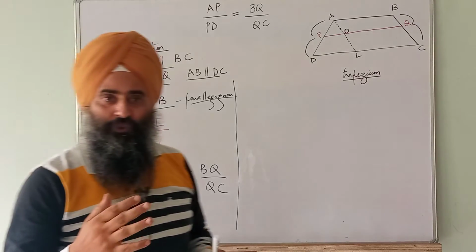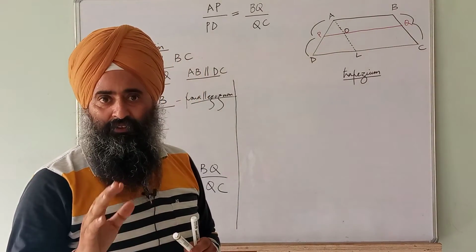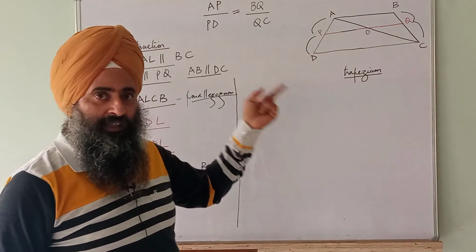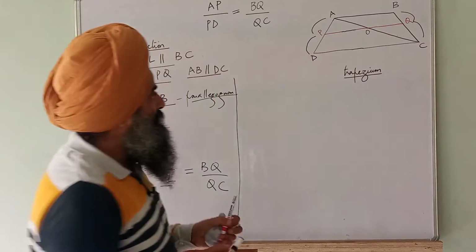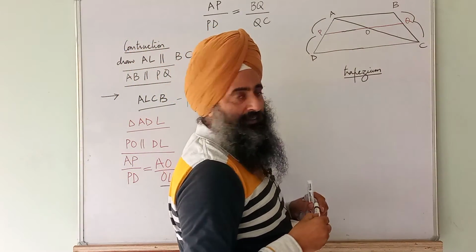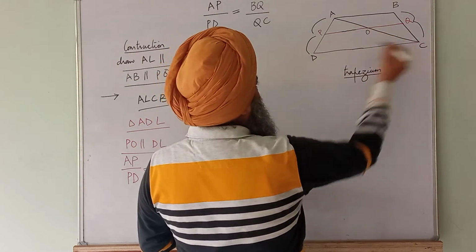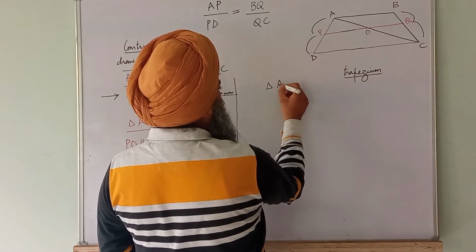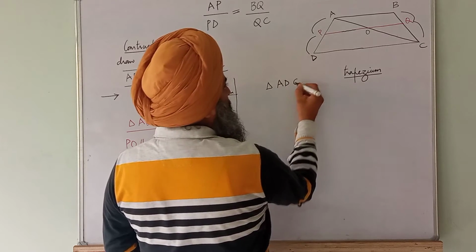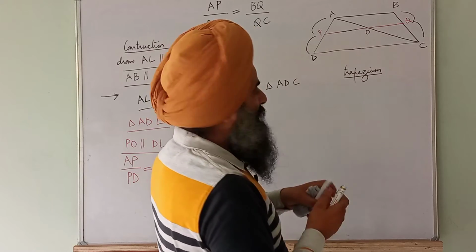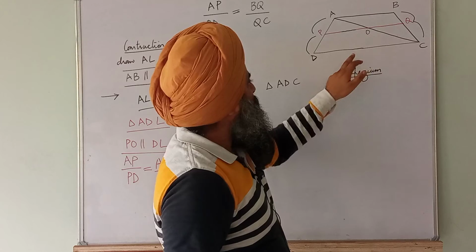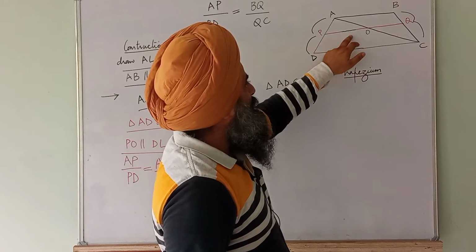Now I will also do how the book has done. I will prove this in another way as per your book. In your book it's given: join A and C. Got it? When you join A and C, you talk about the triangle ADC. In this triangle, PQ is parallel to DC, so PQ will also be parallel to AB.